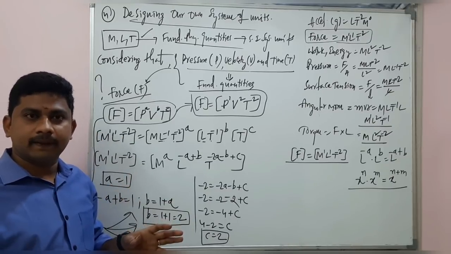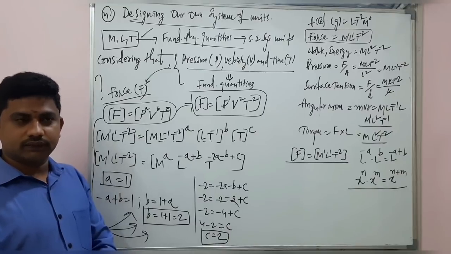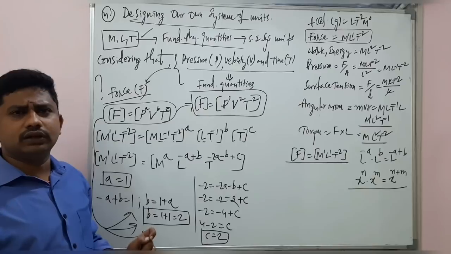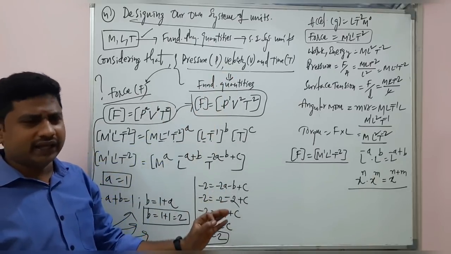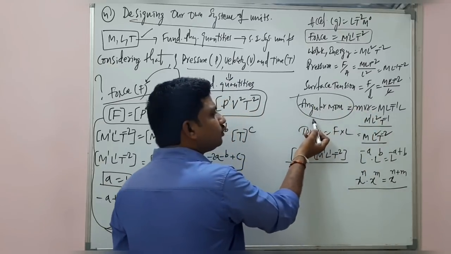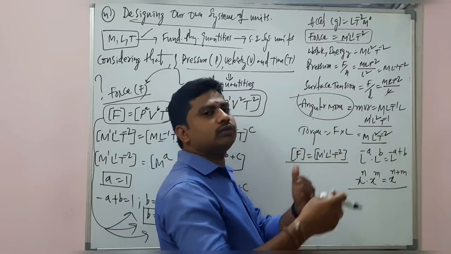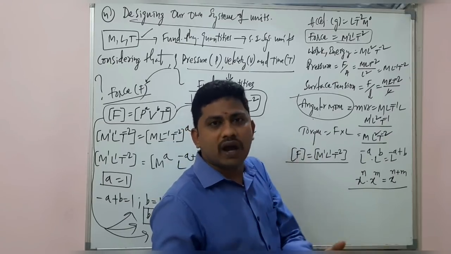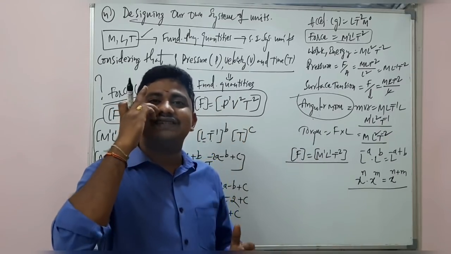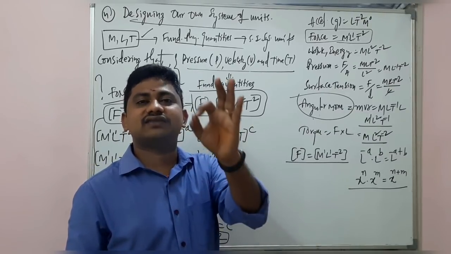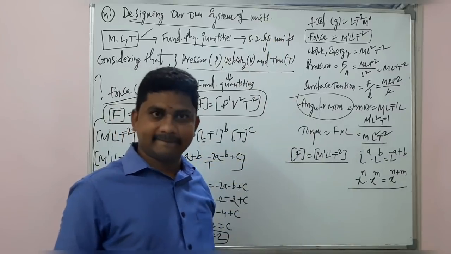Alright. Before moving to the classwork, let me tell you once again. Simple. Any physical quantity you take, let us take the example of angular momentum. The angular momentum dimensional formula is written already in terms of mass, length, time. Why? Because in our SI system of units, mass, length and time are considered as fundamental quantities.